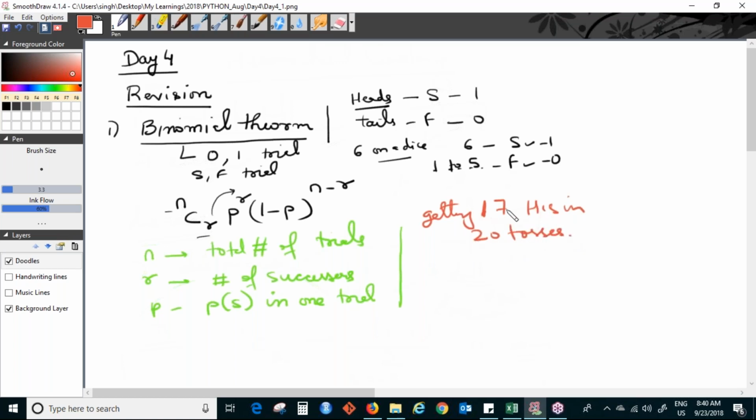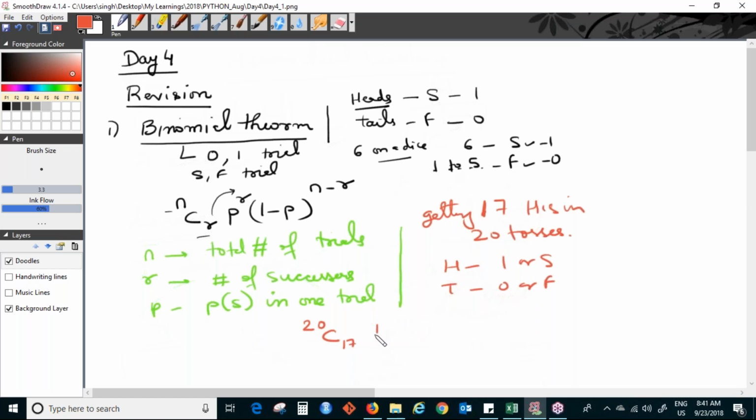Since we are talking about heads here, getting a head is a 1 or a success, and getting a tails is a 0 or a failure. Hence we will follow the binomial theorem to get this probability. Now we use the formula nCr. n for us is 20 because in total we are tossing 20 times. So 20C17, since we are talking about getting 17 heads. Then p is the probability of success in one trial, which means the probability of heads in one trial.